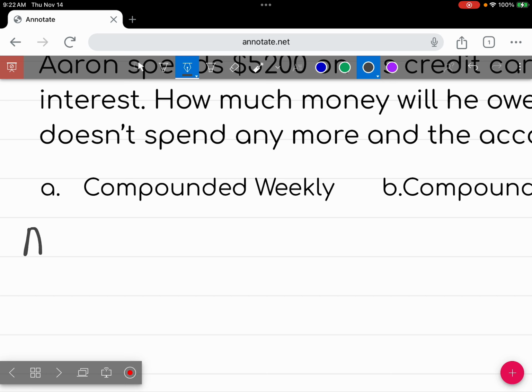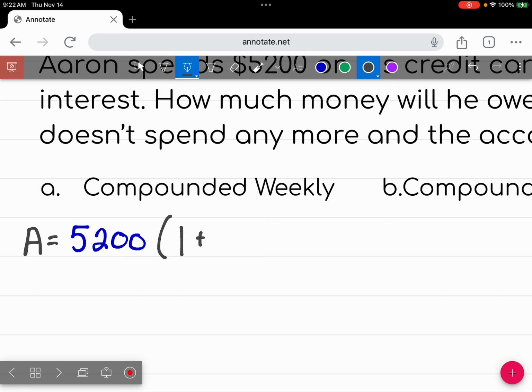How are we going to put this together? His initial charge, $5,200. Are we going to be subtracting? Is it going to lose value? It's going to cost him more money. It's still a plus, even though it says they're charging him interest. He owes the $5,200. He owes them interest, so they are both gaining.